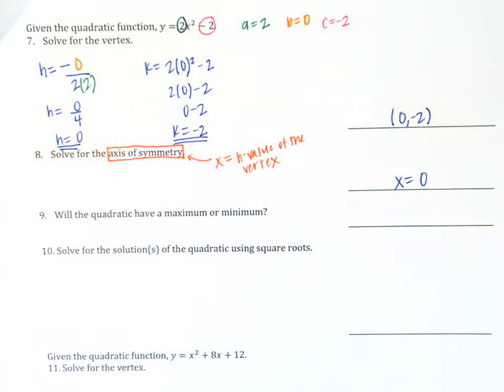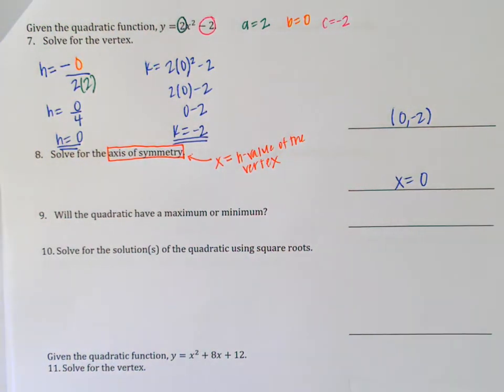So it has to be that x equals because it's the equation of a vertical line. So if you miss that x equals part, you're missing a chunk of this answer, and it's not going to be correct. So you've got to put that x equals for it to be 100% correct.